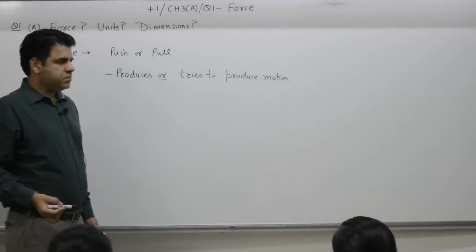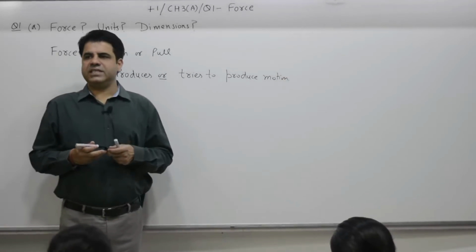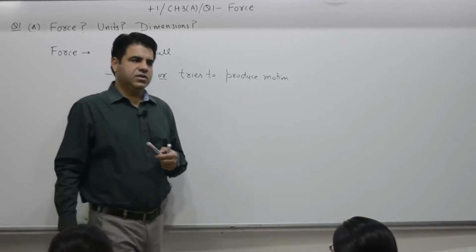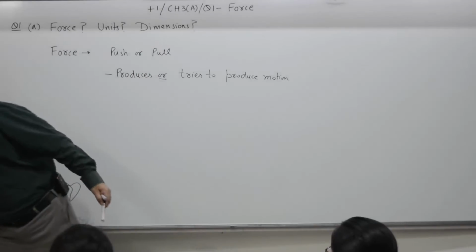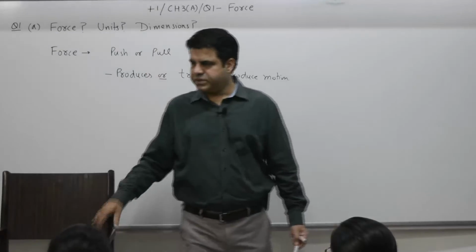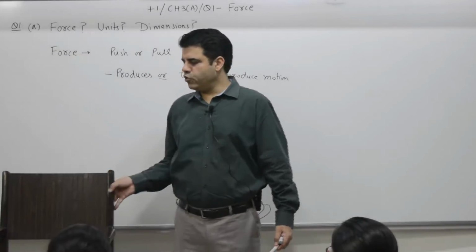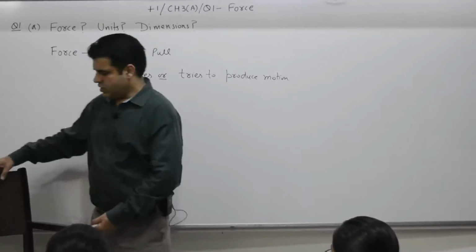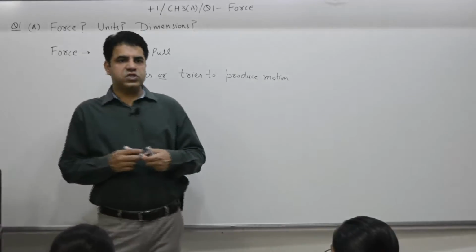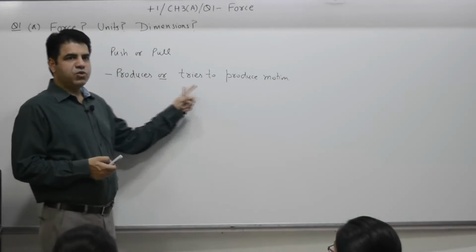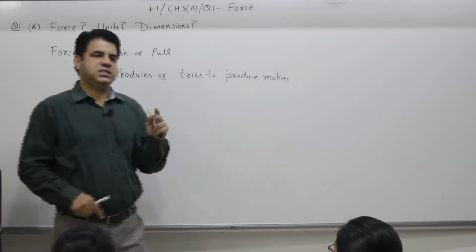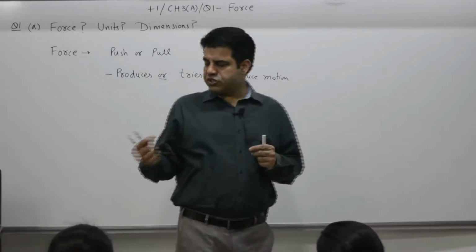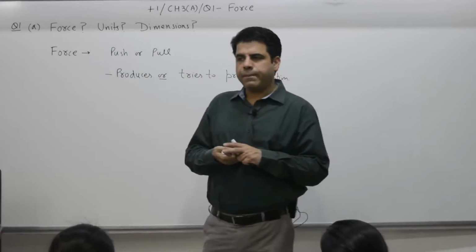Example, an object is at rest, a chair. You apply force and you set it in motion. This force was sufficient to set it in motion because the mass of the object was less. Opposing force, small friction on the floor, was there.